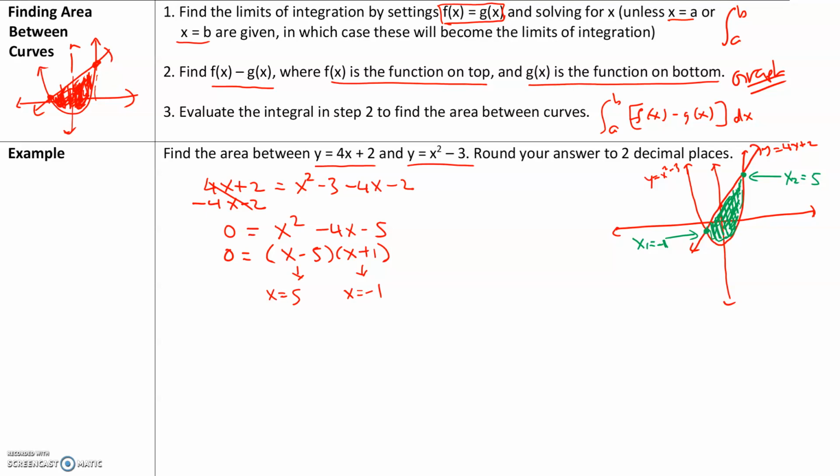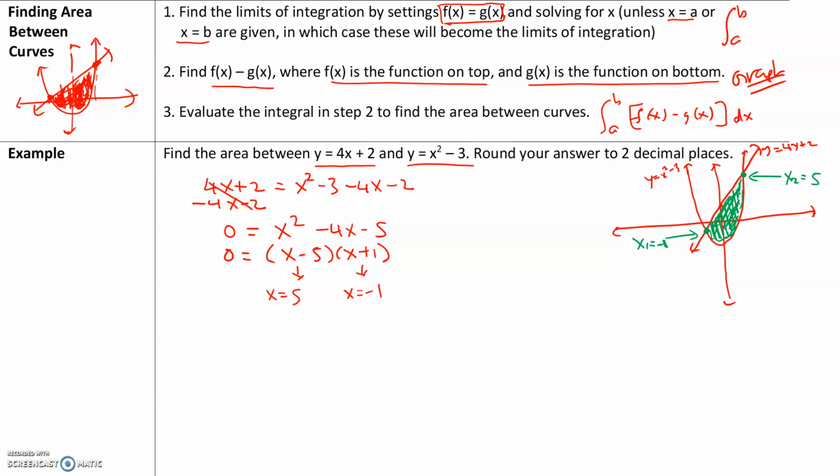Then step 2, we have to find f of x minus g of x. Because we want the area in between two curves, we subtract the top curve minus the bottom curve. By the graph, we can see that the top curve is 4x plus 2, and the bottom curve in between these two points is x squared minus 3.